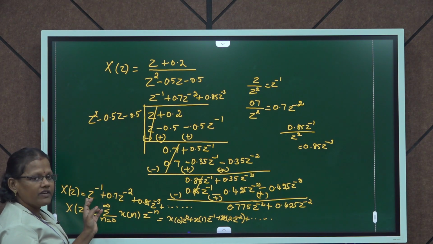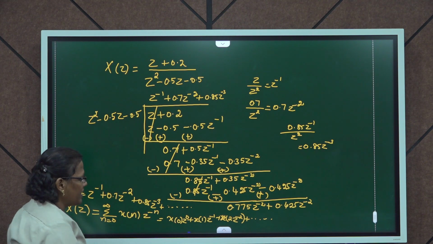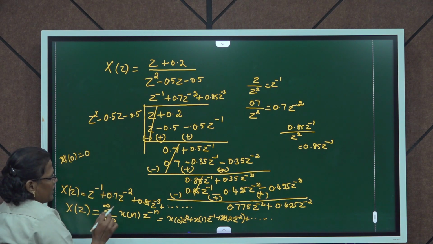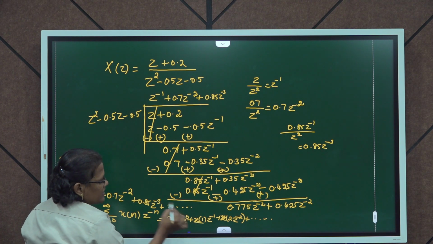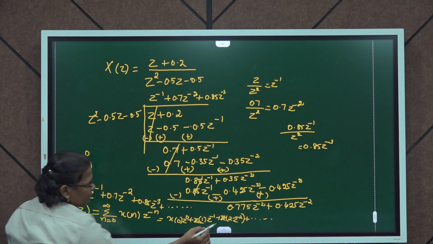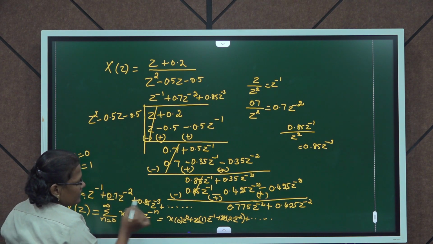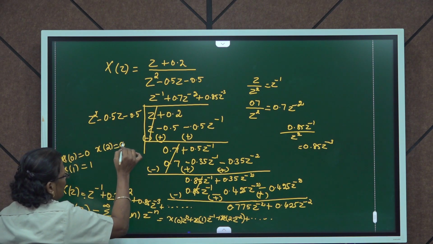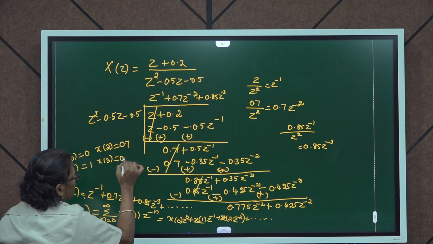here there is no z power 0, so the x of 0 coefficient is equal to 0. That means x of 0 equal to 0, and if you compare the coefficient of z power minus 1 with this equation, x of 1 equal to 1, then the z power minus 2 value is 0.7, that is the coefficient, so x of 2 equal to 0.7, and x of 3 is equal to 0.85.